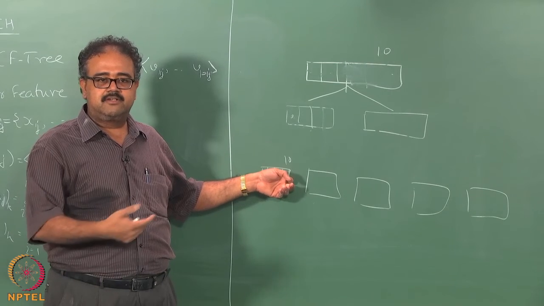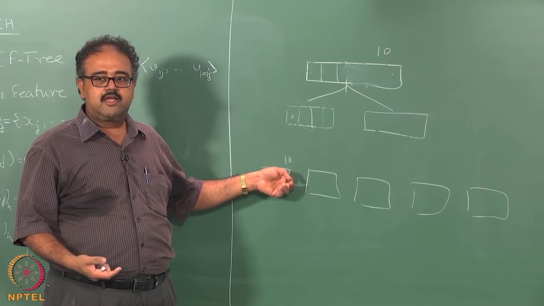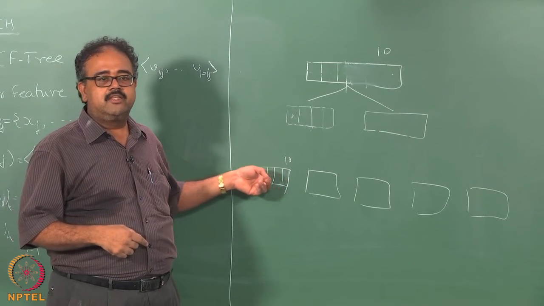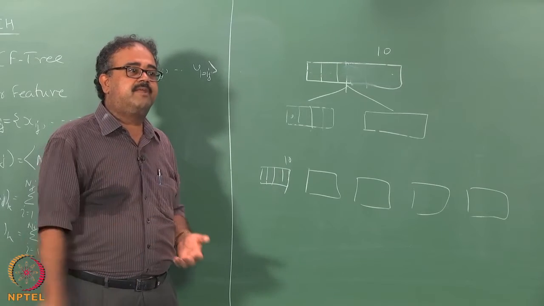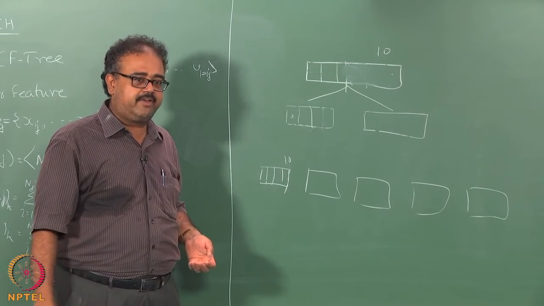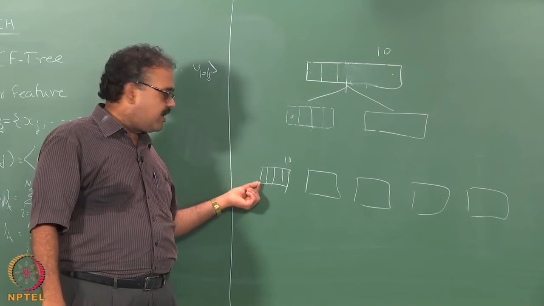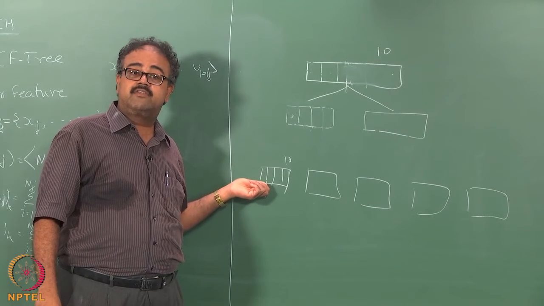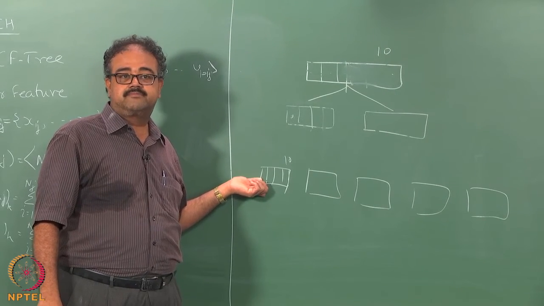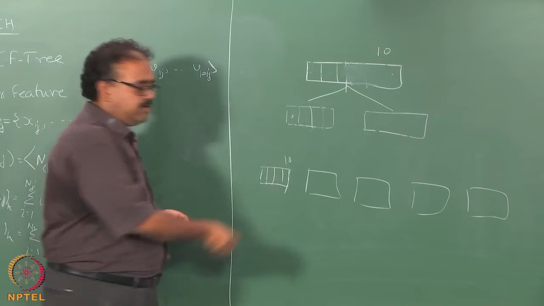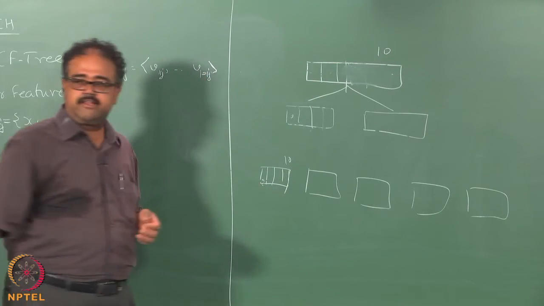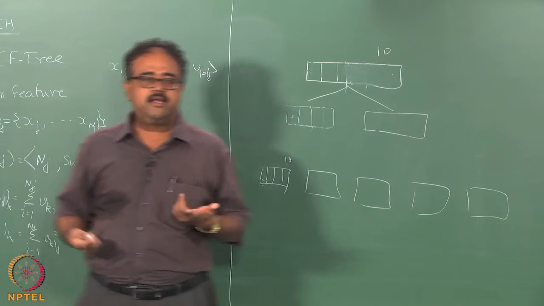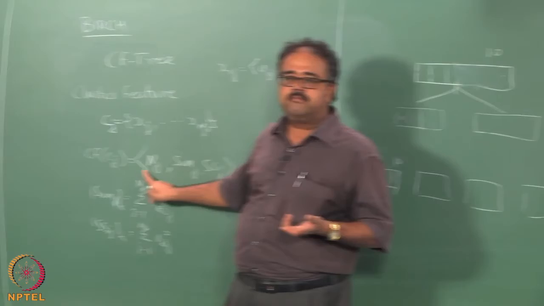Are these your final clusters? No. Remember I told you, in the first phase when I am constructing the clustering features, the CF tree, all I am interested in finding are tight clusters that I can then use as representatives for doing further clustering. So I go into each of these clustering features and compute the centroid, dividing the sum by nj.